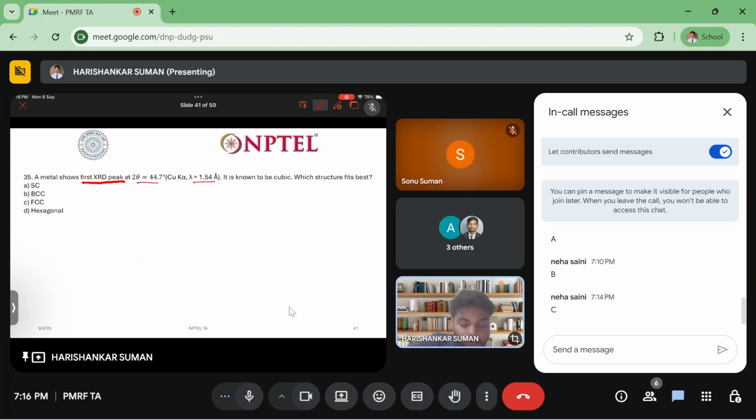Which structure should be the best? How do you determine that? Think about it as we discussed so far. Give me the answer. You can take 2 minutes.